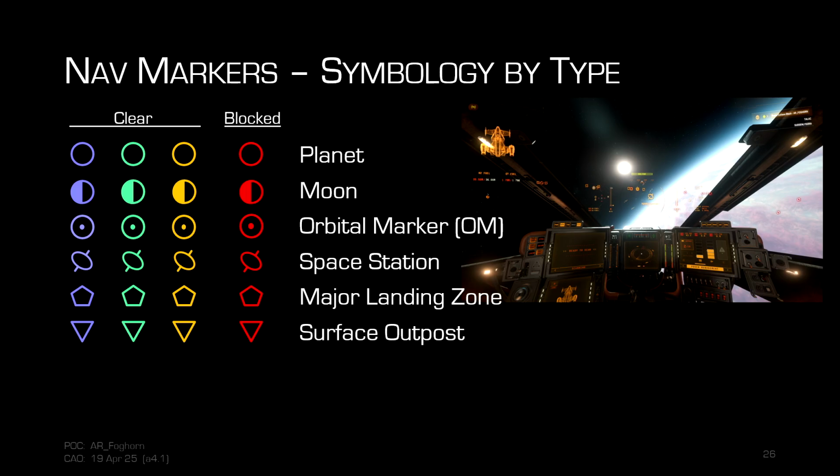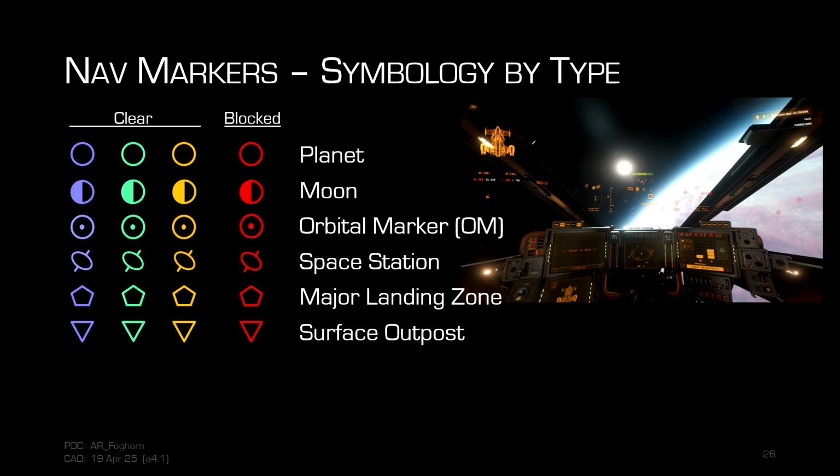Anything with a space station now has that sort of ellipse with two lines coming out of it. Planets are still a circle. Those haven't changed. Moons are now a circle half filled in. The orbital marker is a circle with a dot. And the cities down on the surface, major landing zones, are now a pentagon, and any other non-major landing zone or surface outpost is a triangle.